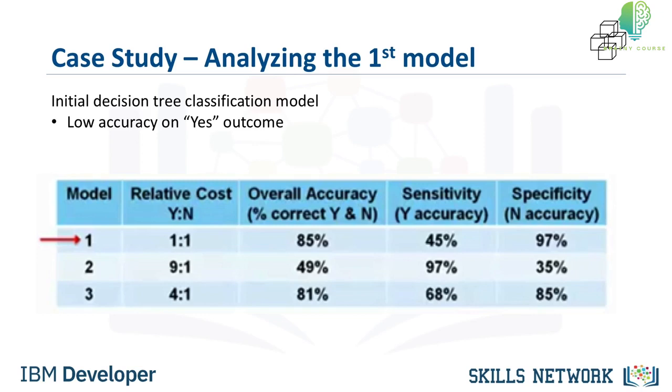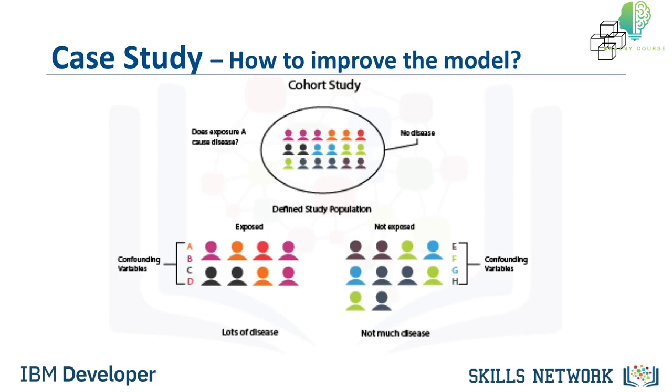The question then becomes, how could the accuracy of the model be improved in predicting the yes outcome? For decision tree classification, the best parameter to adjust is the relative cost of misclassified yes and no outcomes. Think of it like this. When a true non-readmission is misclassified and action is taken to reduce that patient's risk, the cost of that error is the wasted intervention.